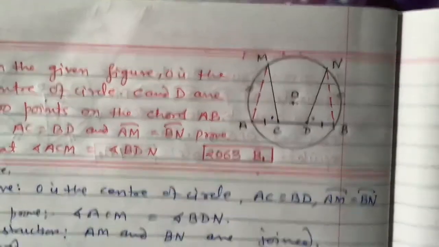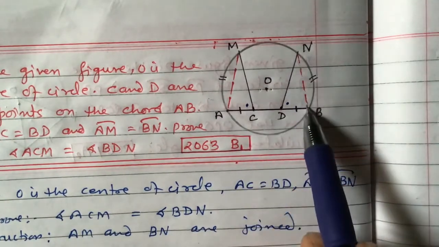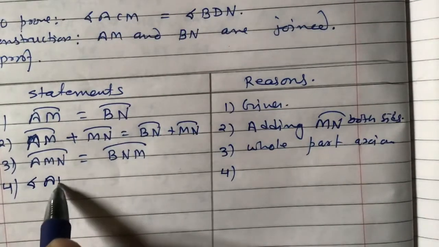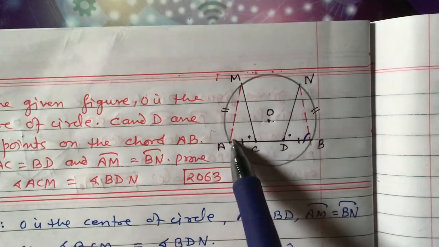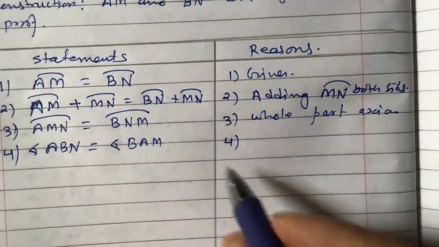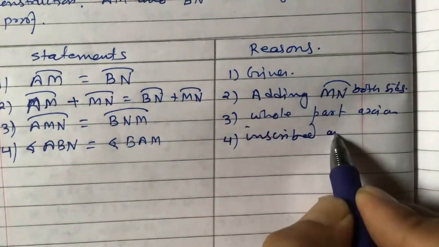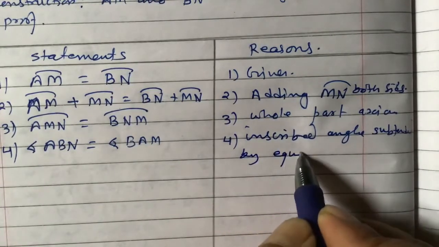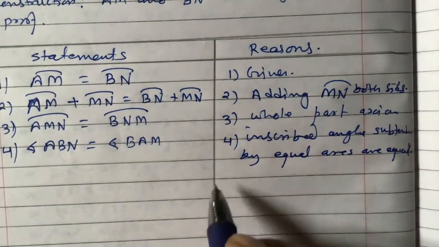Arc AMN subtends angle ABN, and arc BNM subtends angle BAM. So angle ABN equals angle BAM, because inscribed angles subtended by equal arcs are equal.